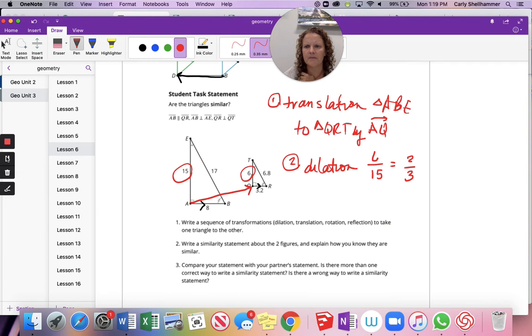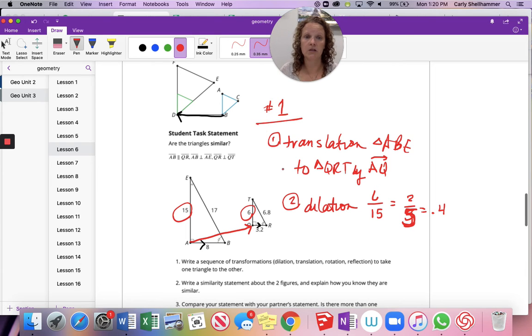Did anyone see that I did my math wrong? 3 goes into 6 twice, 3 goes into 15 5 times. So that's my scale factor, 2/5, which is the same as 0.4. Cool? So we're good. That's our number 1.